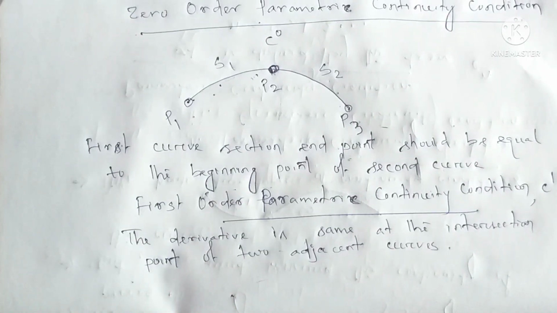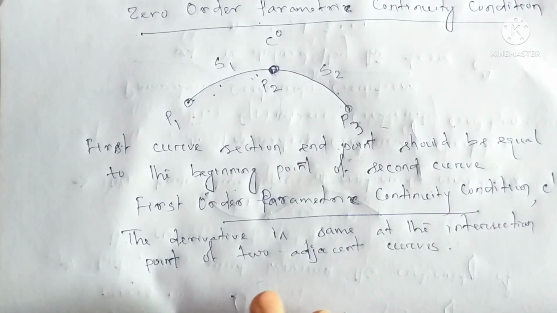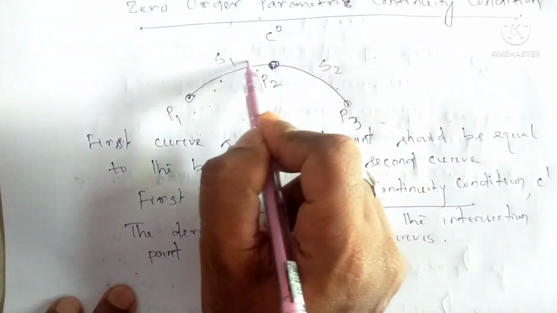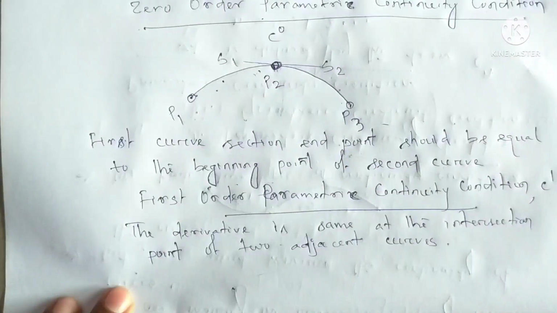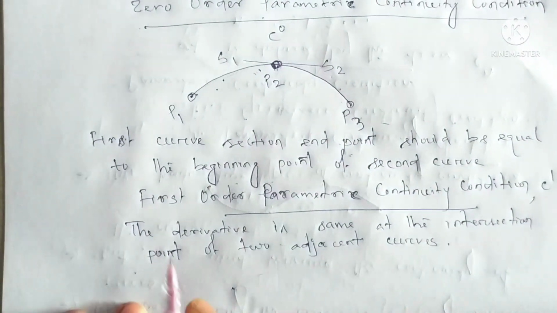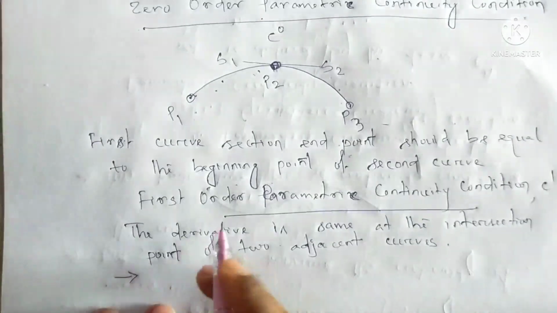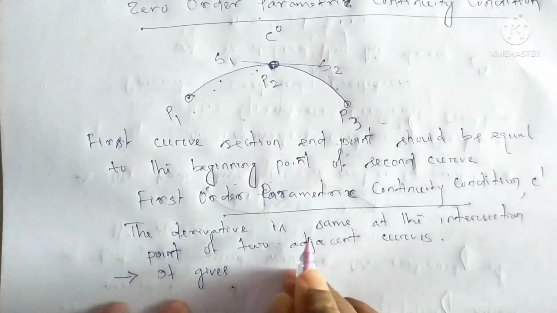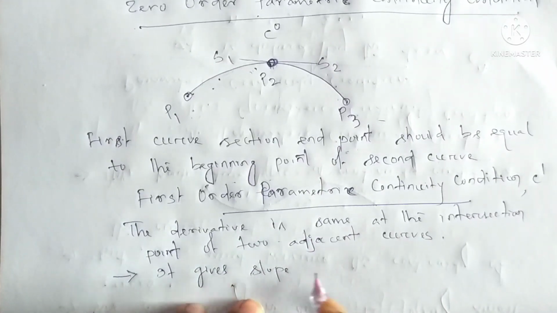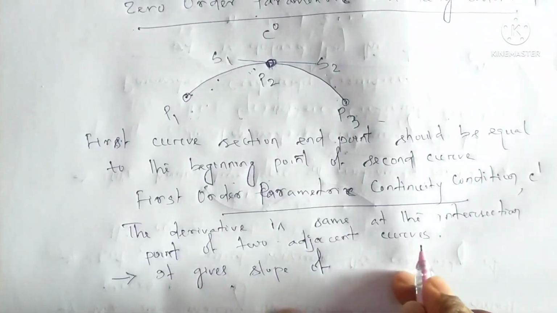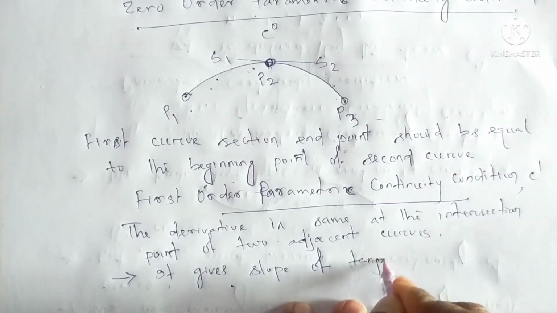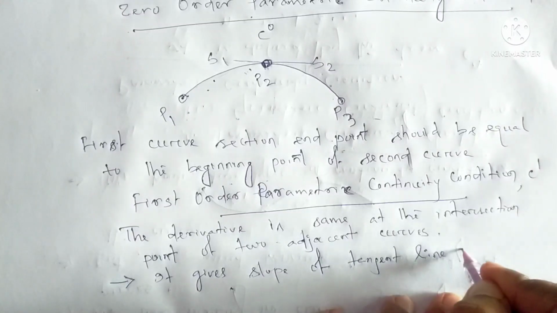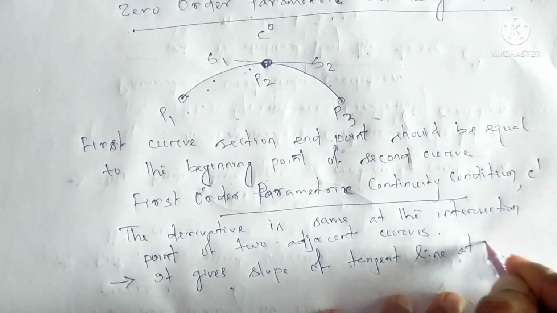If you take the derivative, it will give you the slope of the tangent line at the intersection point. So here we will get one kind of tangent line. The first order derivative gives the slope of the tangent line at the intersection point.